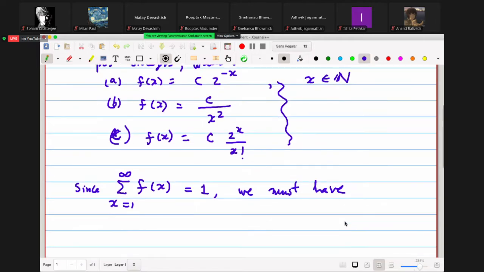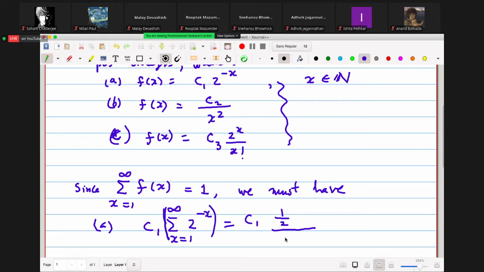well, for problem A, subdivision A, C times summation. So let me write here C1, C2, C3 because it's easier that way. C1 times this, 2 power minus x. So this you know how to add. X is equal to 1 to infinity is equal to C1 times 1 by 2 divided by, so this sum is what I am adding, sorry.